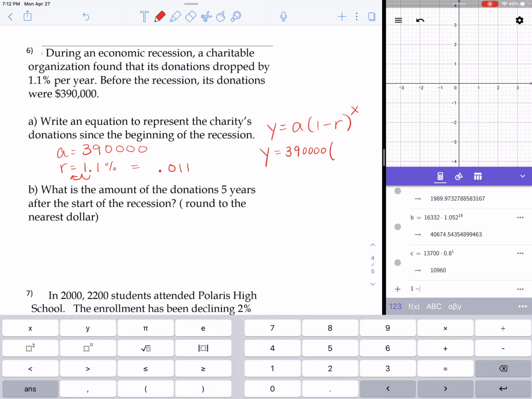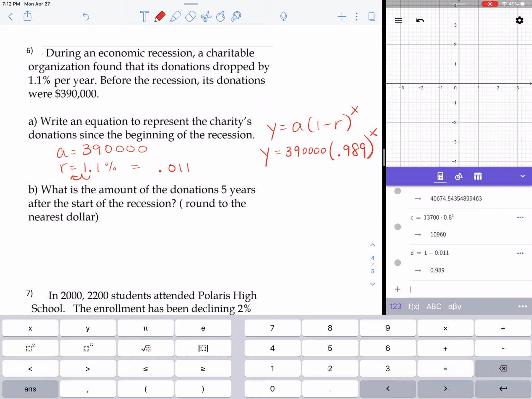What is 1 minus 0.011? And I'll get my 0.989 to the x power. Okay, if you don't want to do the subtraction, again, you could just keep it 1 minus 0.011. So that's the equation. That's the answer for part A.